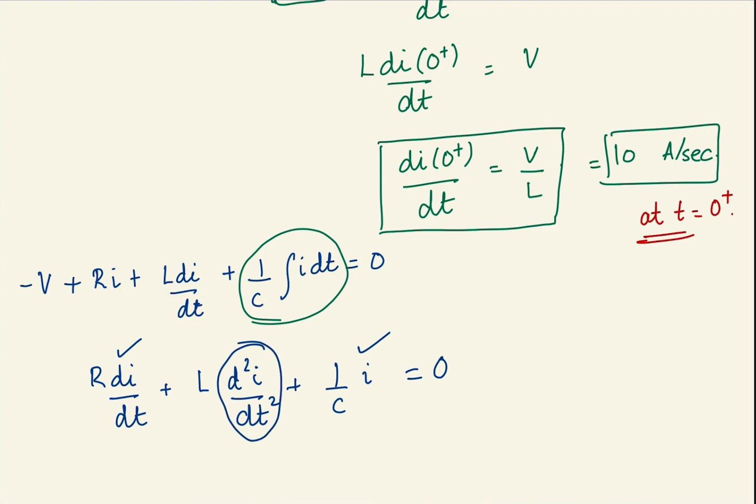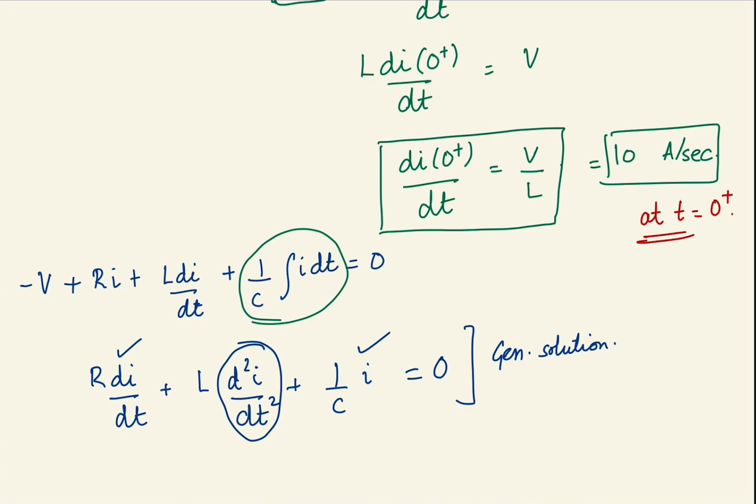So if we rearrange these terms, d square i by dt square is going to be equal to minus R by L di by dt minus 1 over LC i. This is the general formula.